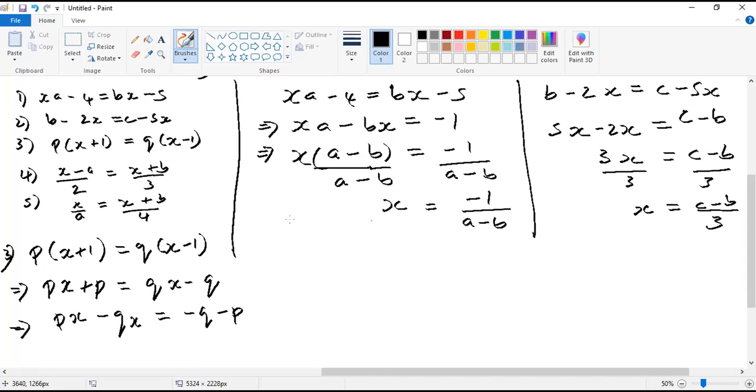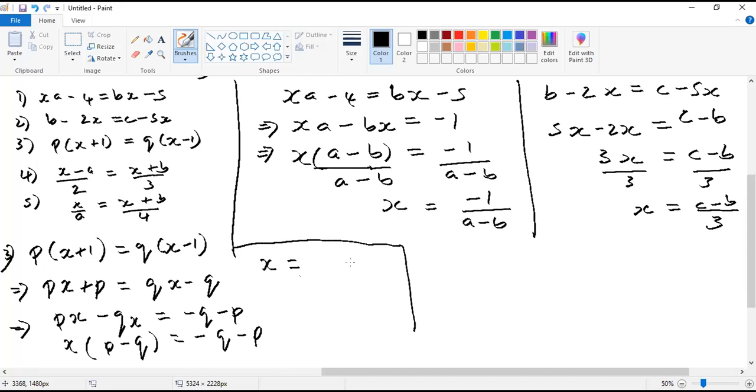So x is common here, so I can put my x on the outside, p minus q, and divide both sides by p minus q. So we have x is equal to that. Yes, I think that's the best we can do. I got that one.